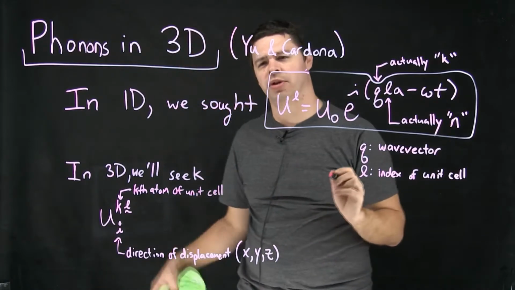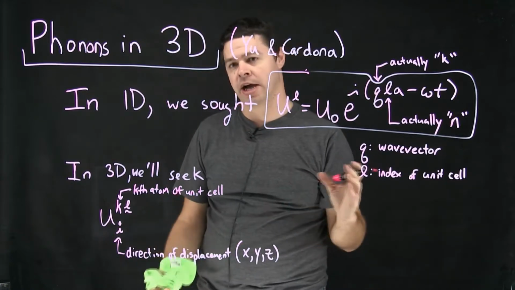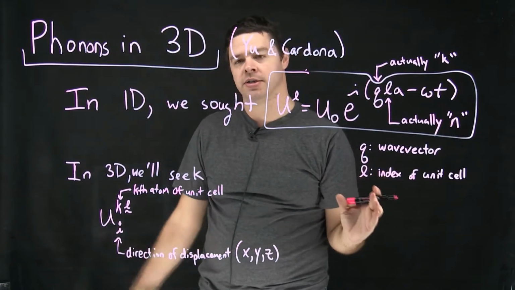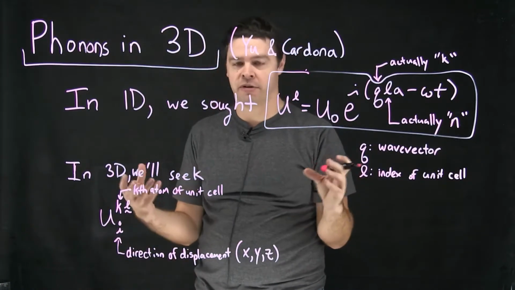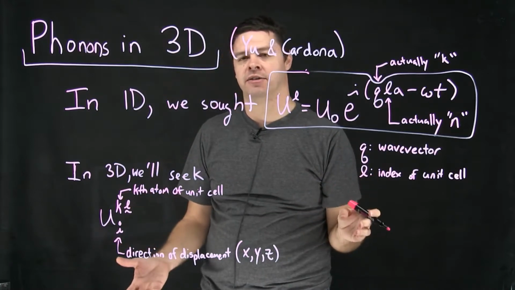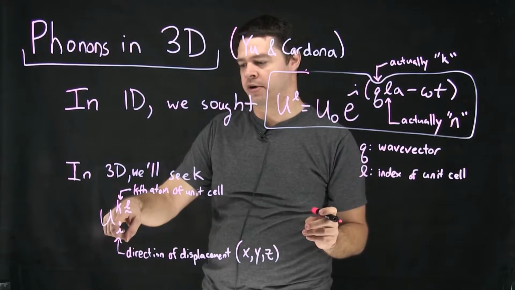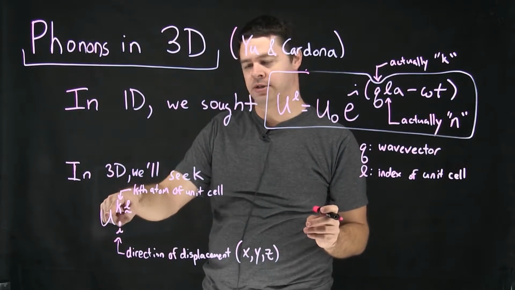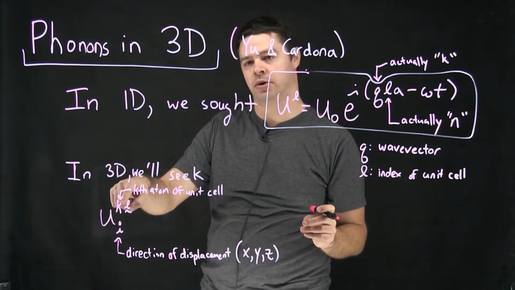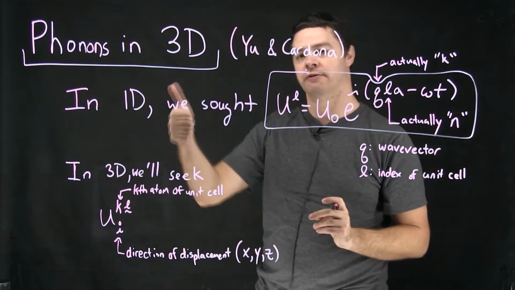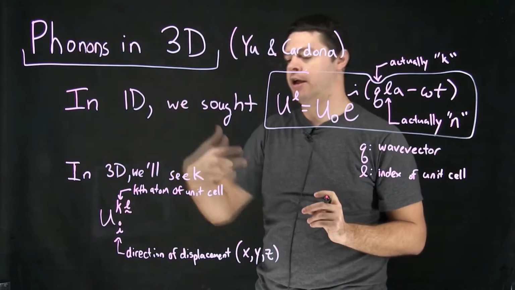So for example, silicon is in the diamond structure. Silicon's primitive lattice is an FCC lattice, but there are 2 atoms per unit cell. So if I was solving for silicon, I would have to solve for not just one of these things u, but I would have to solve for one associated with the first atom and one associated with the second atom.